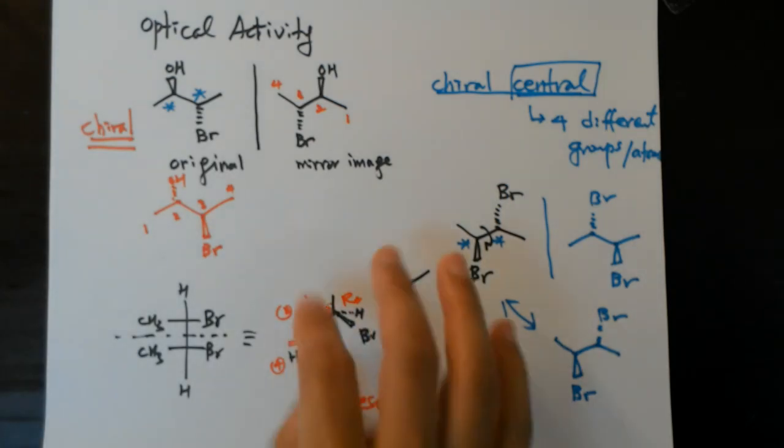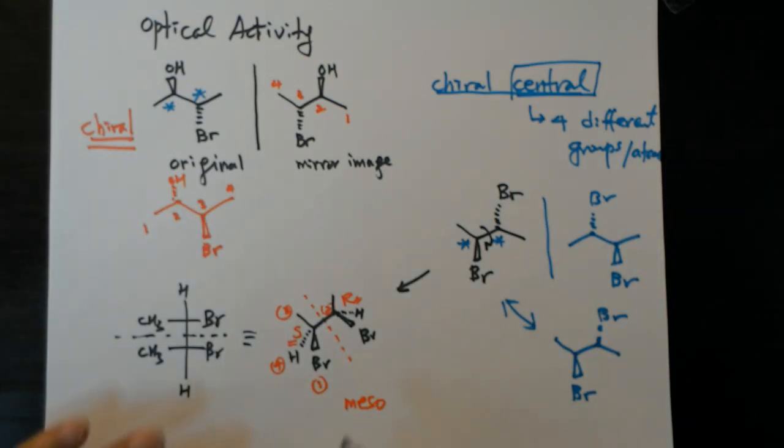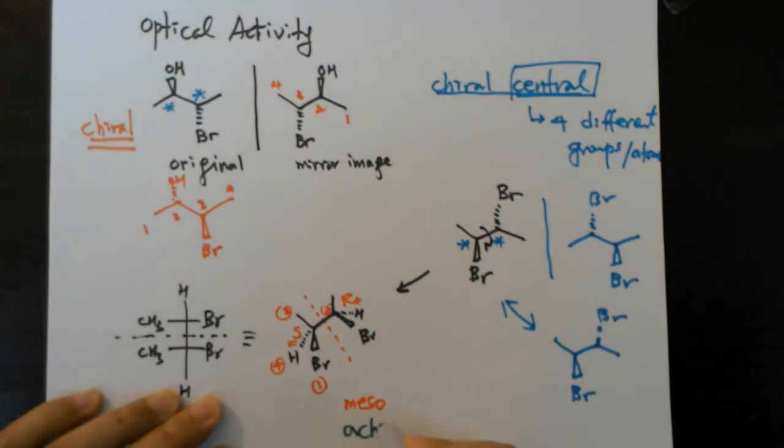Or you can see the molecule from different angles and come up with a different Fischer projection, and still have the mirror, and that proves that this molecule is a meso compound, and a meso structure happens to be an achiral compound, not a chiral compound.